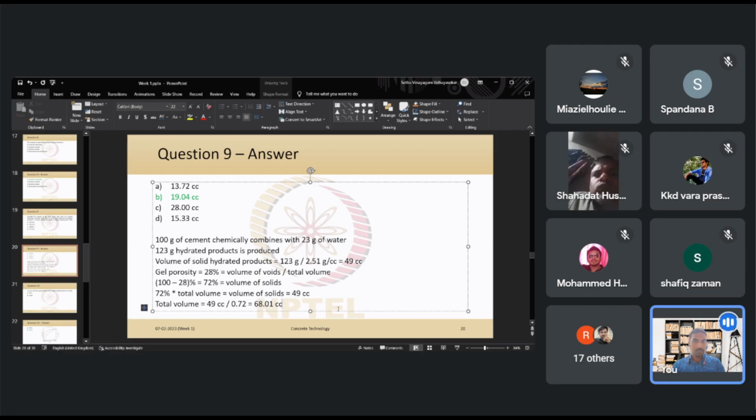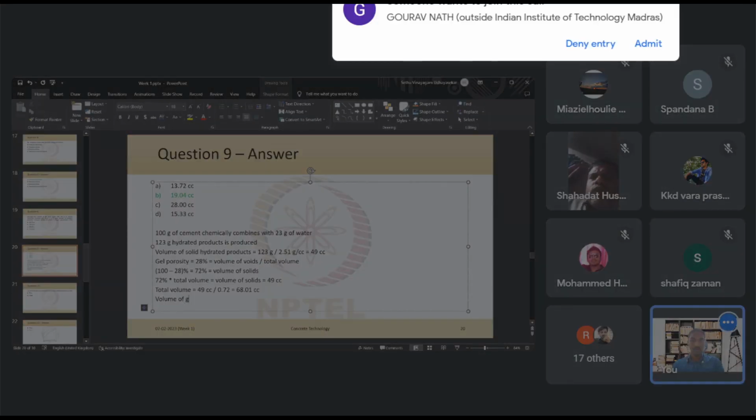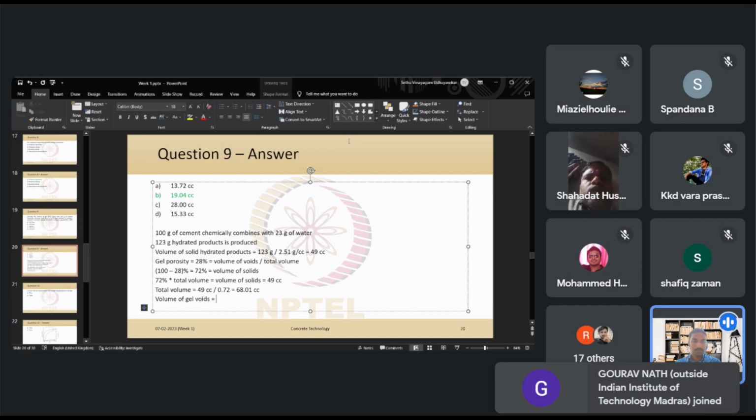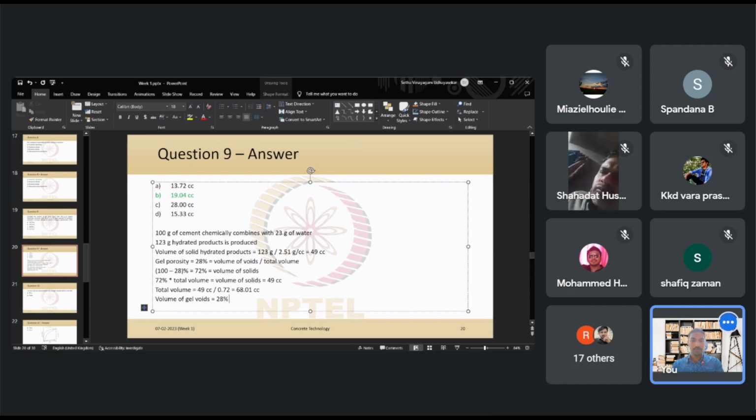And now we have all the quantities that we need to calculate the volume of voids. We know the porosity, we now know the total volume. So using that, we will be able to get the volume of the gel voids. Volume of gel voids is nothing but 28% of the total volume, which is 0.28 times the total volume of 68.01 cc, and which comes out as 19.04 cc.